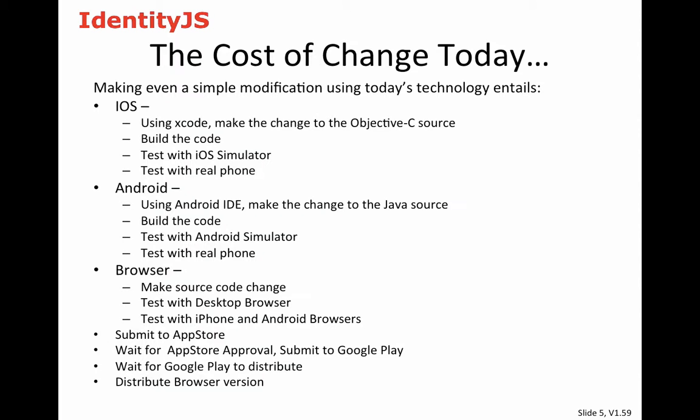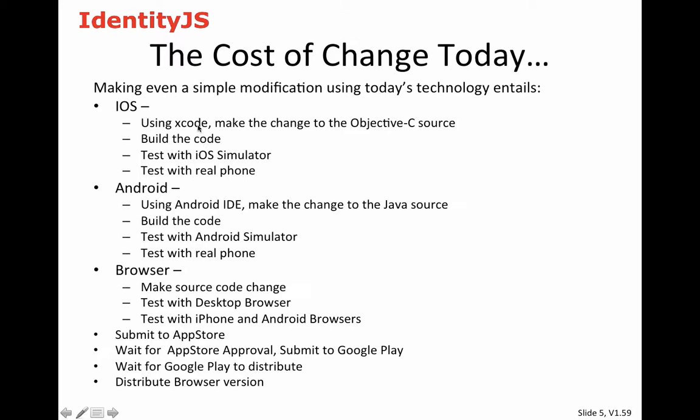Before we look at how easy it is to update your system using IdentityJS, let's look at what it takes to implement a change in today's technology, given the state of the art as it exists. And this applies to even a simple modification. So you'd start out with your iPhone, iOS, and using Xcode, make the source changes you need using Objective-C.